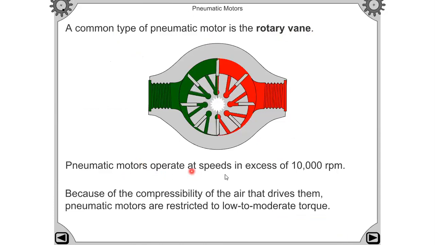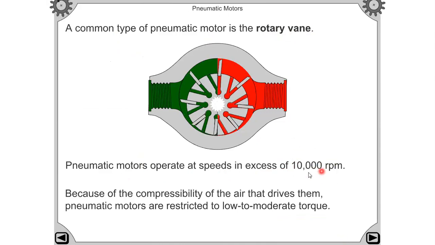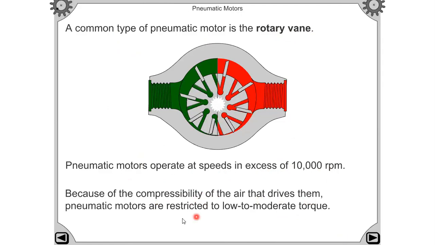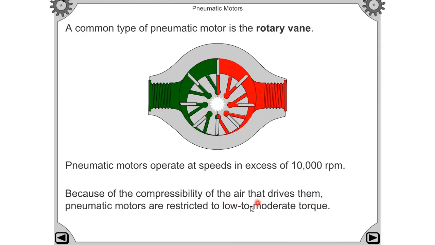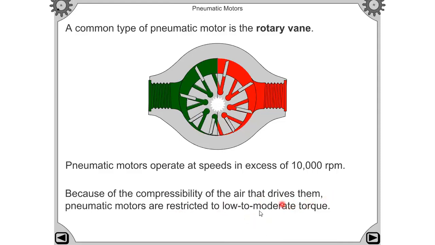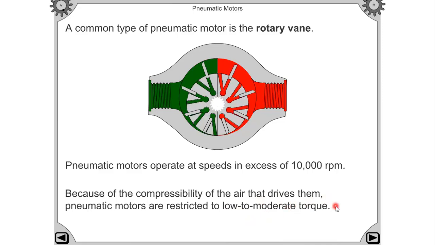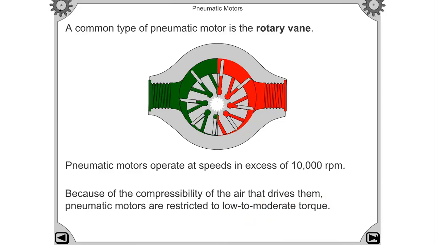Pneumatic motors operate at speeds in excess of 10,000 rpm. Due to the compressibility of the air, pneumatic motors are restricted to low to moderate torque. So we are not going for higher torque.